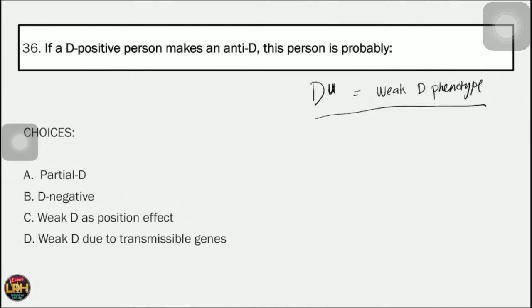Weak D red cells have the D antigen but have fewer D antigens per cell than normal Rh positive cells. In this kind of phenotype, there are different mechanisms attributed to having a weak D phenotype.